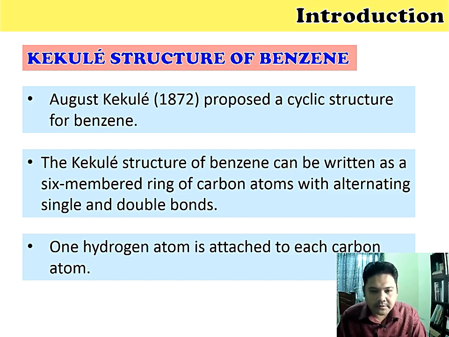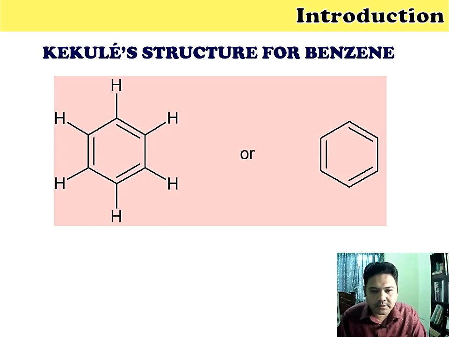The molecular formula for benzene is C6H6, so the Kekulé structure for benzene can be written as a 6-membered ring of atoms with alternating single and double bonds, and one hydrogen atom attached to each carbon atom. So we can write it like this as an expanded structure, or like this as a skeletal structure.